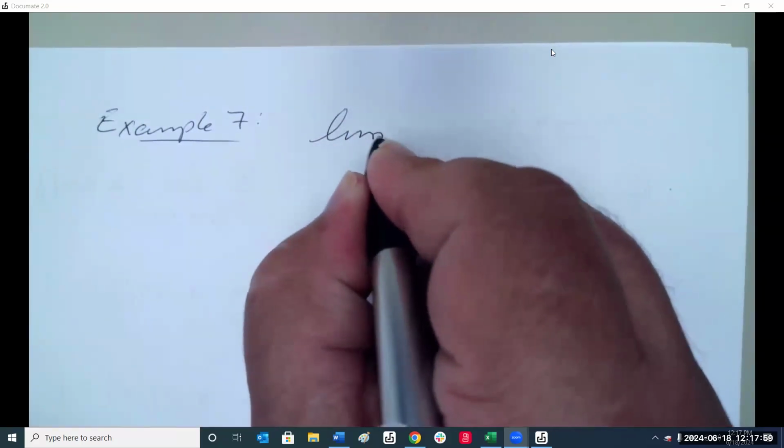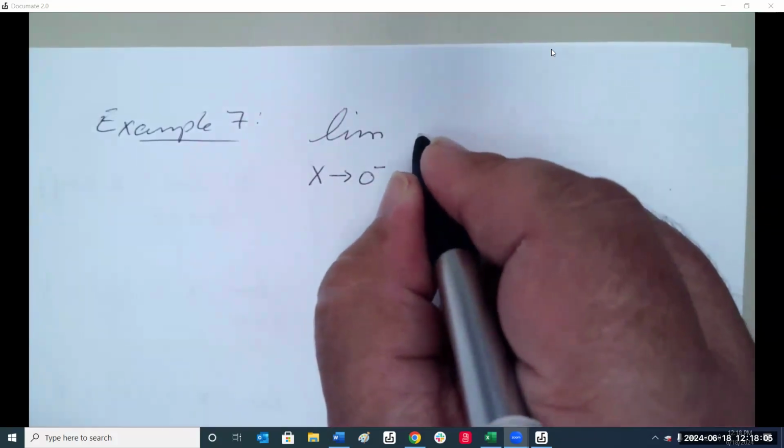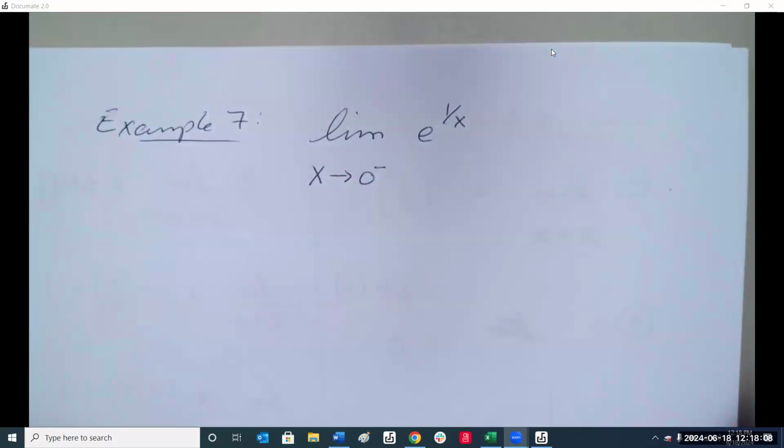Example 7. Find the limit as x approaches 0 from the left. What'd you get?